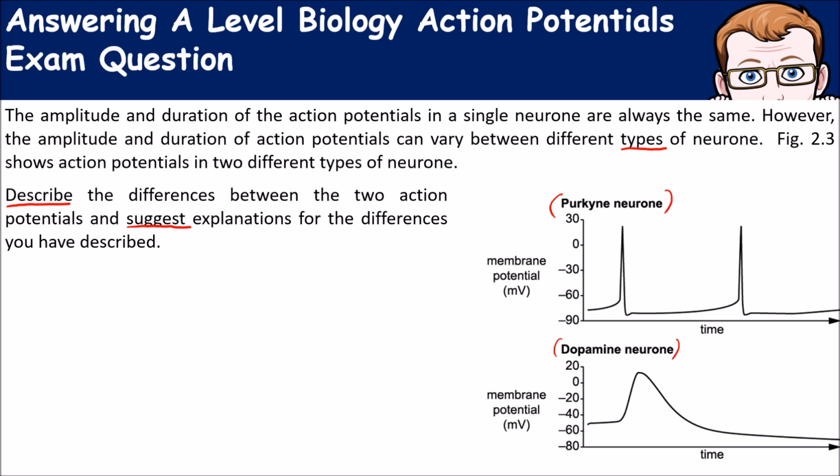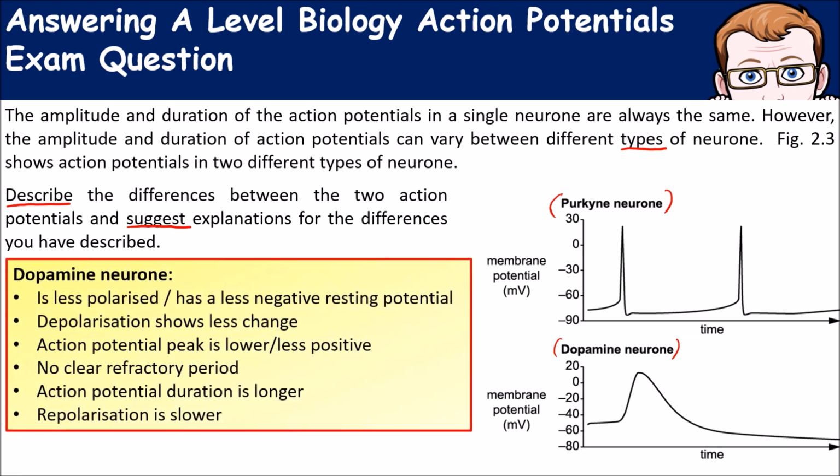So we can see here that they are quite different, right? Some of the key things that you would need to talk about in answering this question. You can talk about both the dopamine neuron and the Purkinje neuron. The dopamine neuron is less polarized, so you can see that it only goes down to about -50, whereas the Purkinje neuron goes down to about -70, -75, give or take.